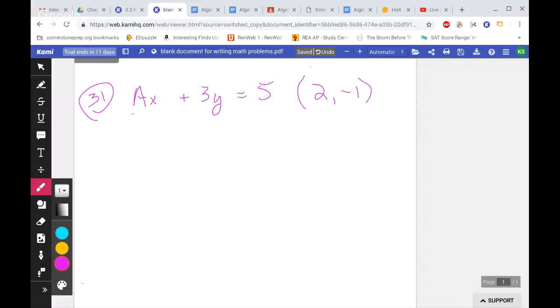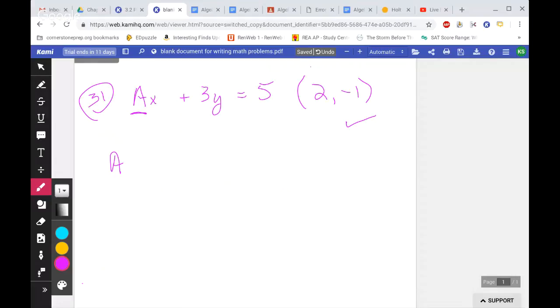The coefficient is the number which precedes the variable, so the missing coefficient for this one is the A. What we want to do is plug in the coordinates from the ordered pair into our x and y, and then solve for that A, which is the missing coefficient.